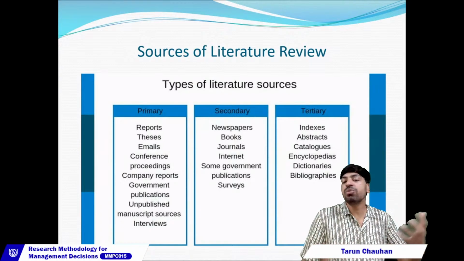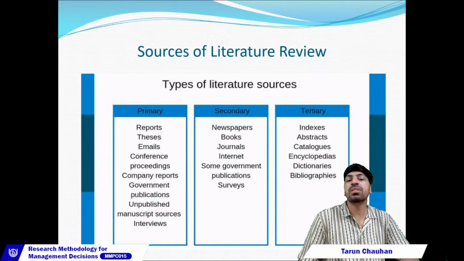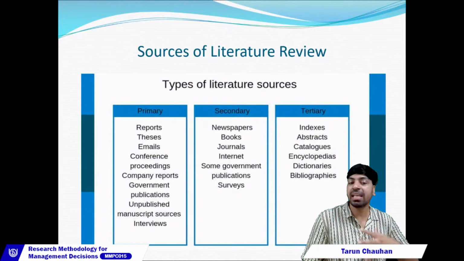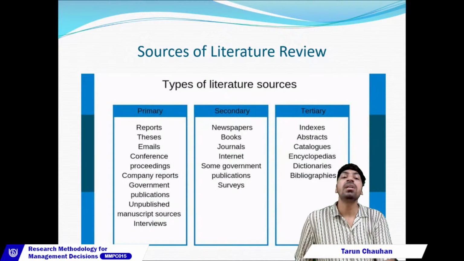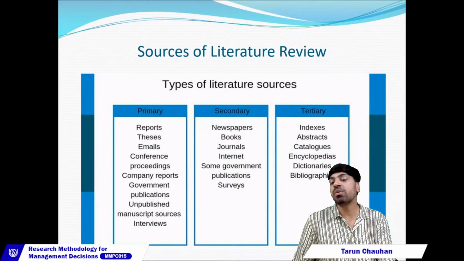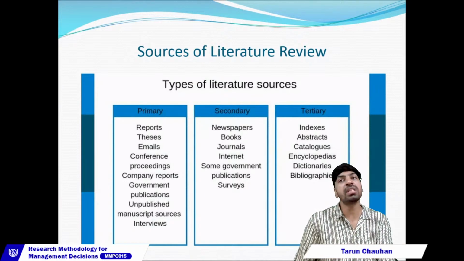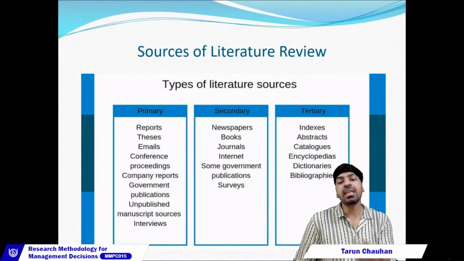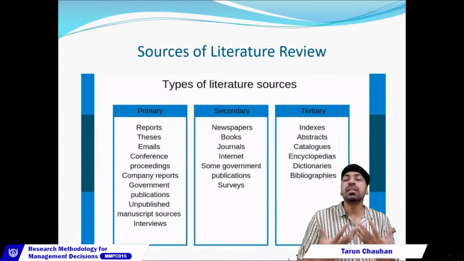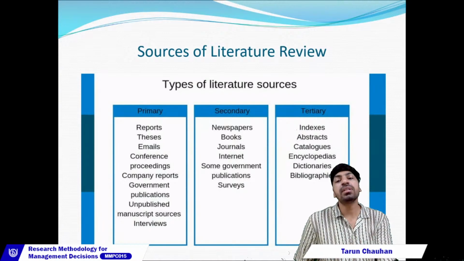So suppose you don't get any secondary sources properly, and you don't get any primary sources properly, then you come directly to the bibliographies. If you see the list of bibliographies, or the sources included in the past research studies, you can see the list of the articles and the journals where you can search or research related to your research topic.